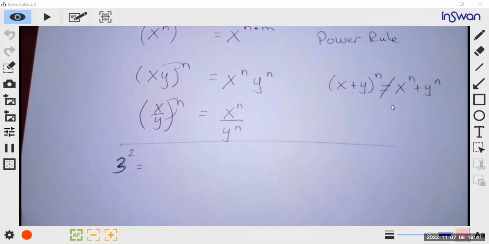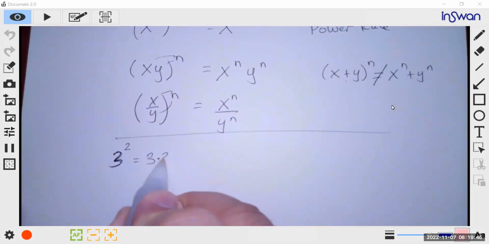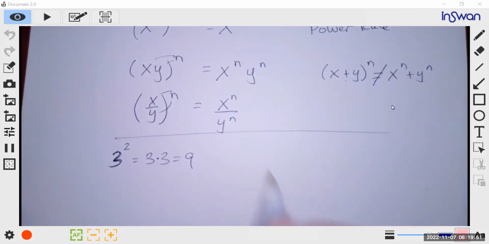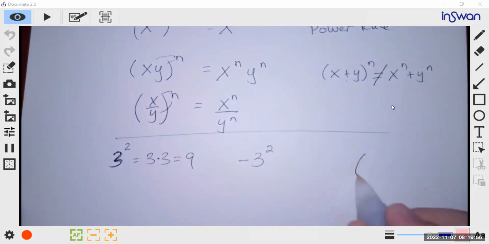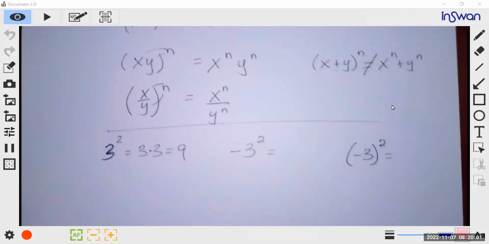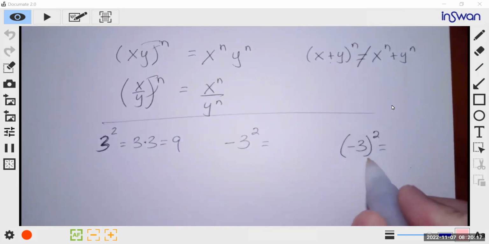3 squared is equal to what? That's 3 times 3 is 9, right? Let's throw in a negative. So negative 3 squared is what? Then what's this one?